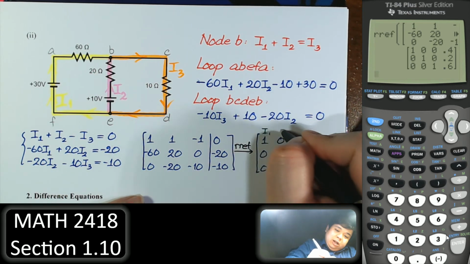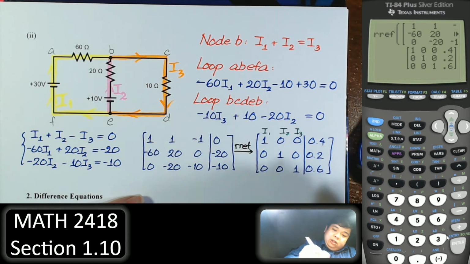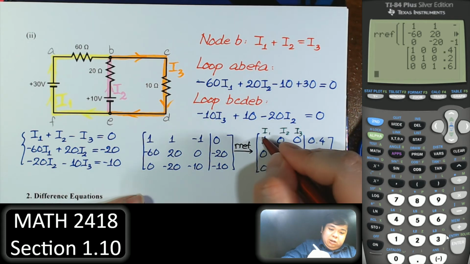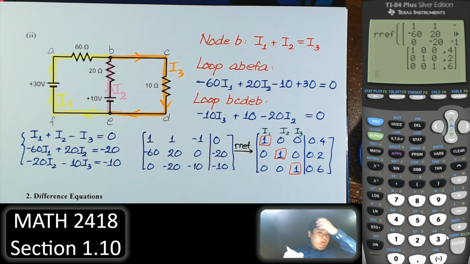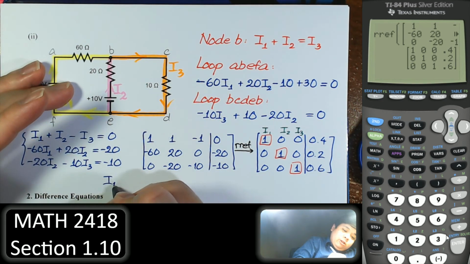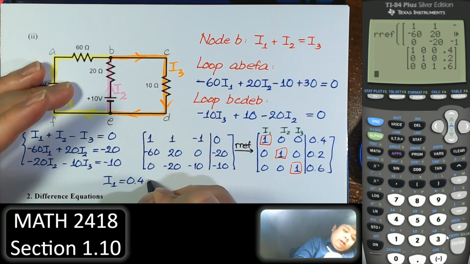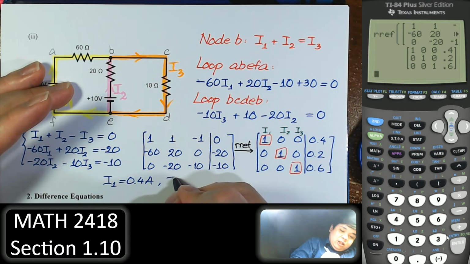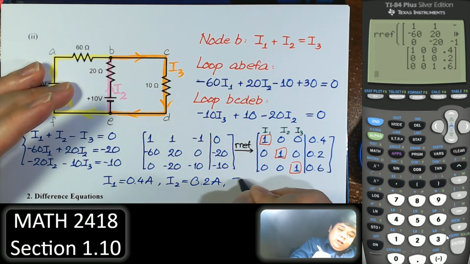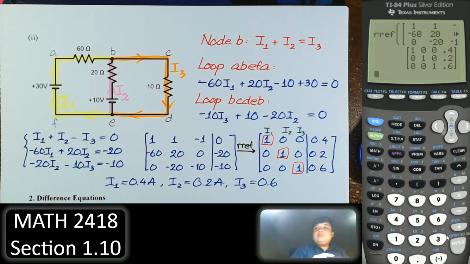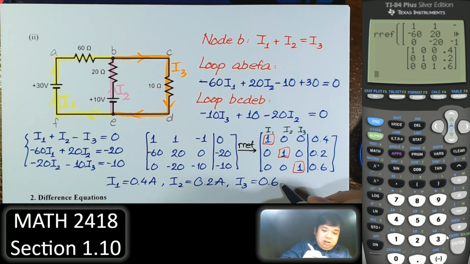So I1, I2, I3, the pivots. So in this problem we have I1 is 0.4 amps, I2 0.2, and I3 at 0.6 amperes.